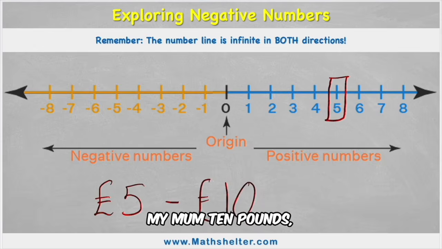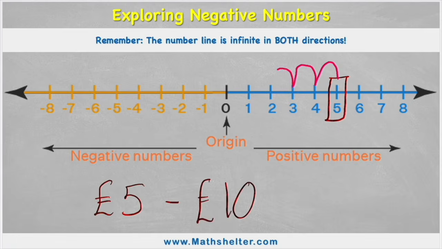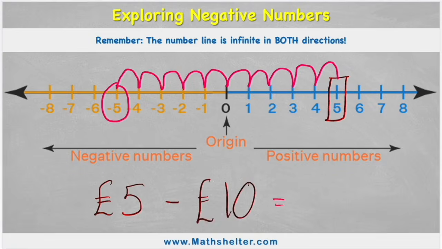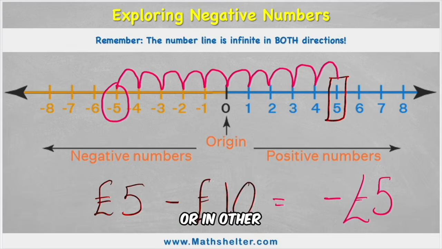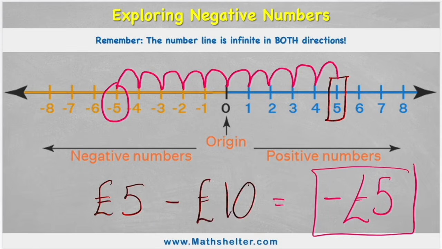So if I had to give my mum £10, I would come back down my number line. So I'd come 1, 2, 3, 4, 5, 6, 7, 8, 9, 10. And I would actually end up having minus £5. Or in other words, negative 5.